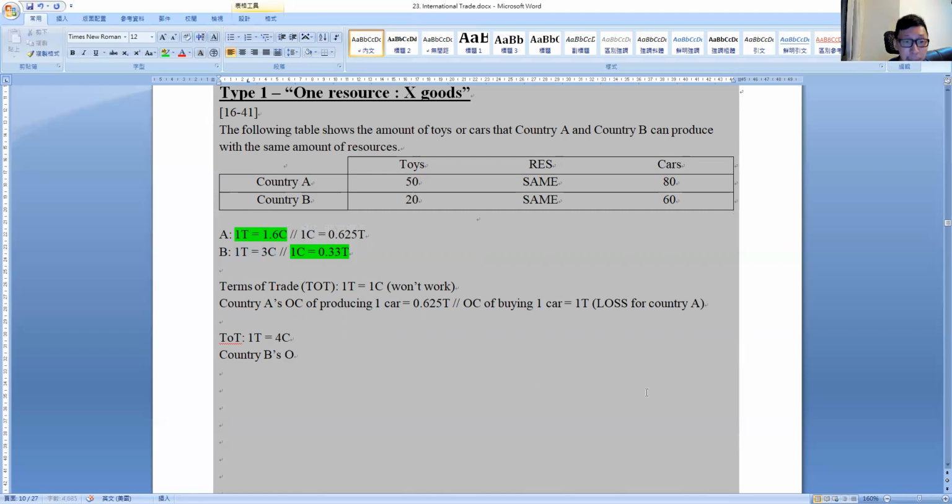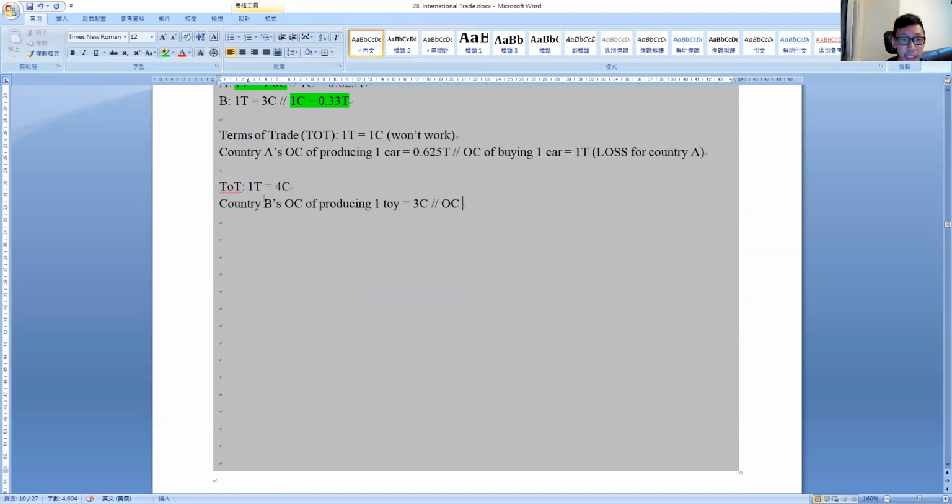So country B's opportunity cost of producing one toy, making toys itself, is giving up 3 cars. But under this terms of trade, 1T to 4C, the opportunity cost of buying one toy is giving up 4 cars instead.